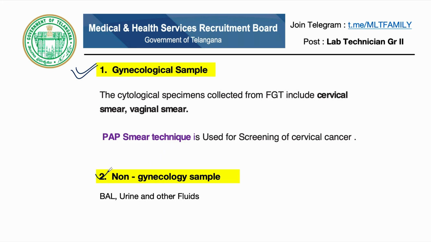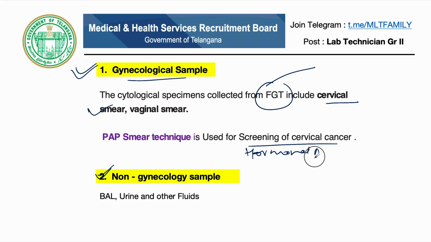Now in exfoliative cytology there will be two kinds of samples majorly: gynecological samples and non-gynecological samples. Gynecological samples include vaginal smears and cervical smears, related to the female genital tract, which help in the screening of cervical cancer and hormonal assessment. The common technique is the pap smear technique.